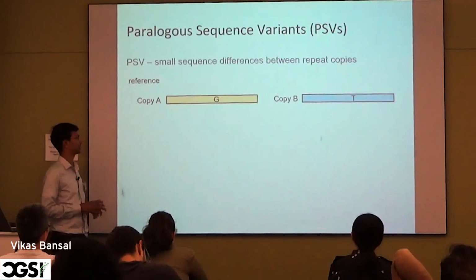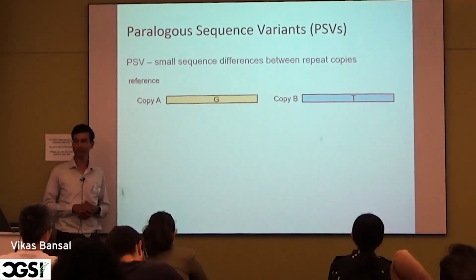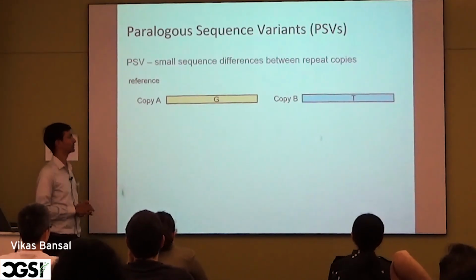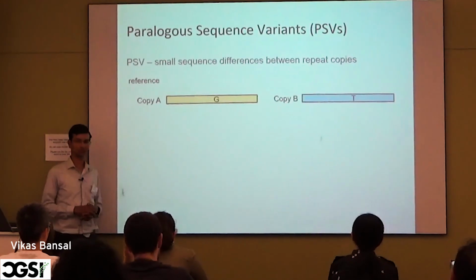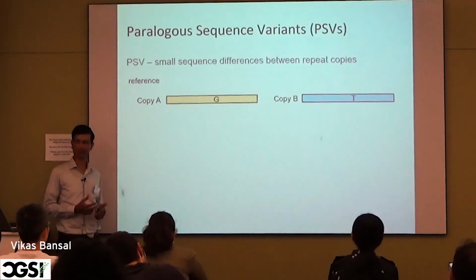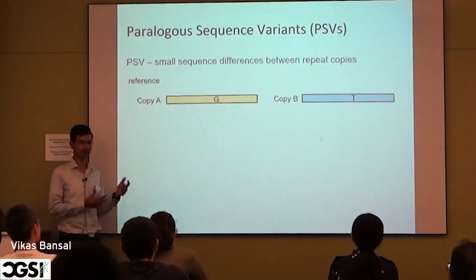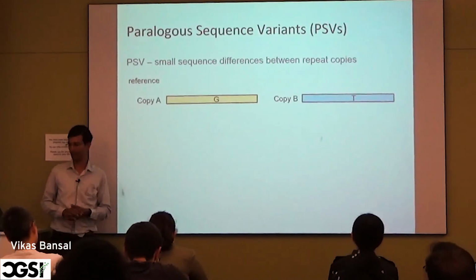So in this example shown here, you have this one position where copy A has the G nucleotide, whereas copy B has T. So these are important because these are the only positions that can be used to distinguish between the two copies, or to determine whether a sequence read was sampled from copy A or copy B.